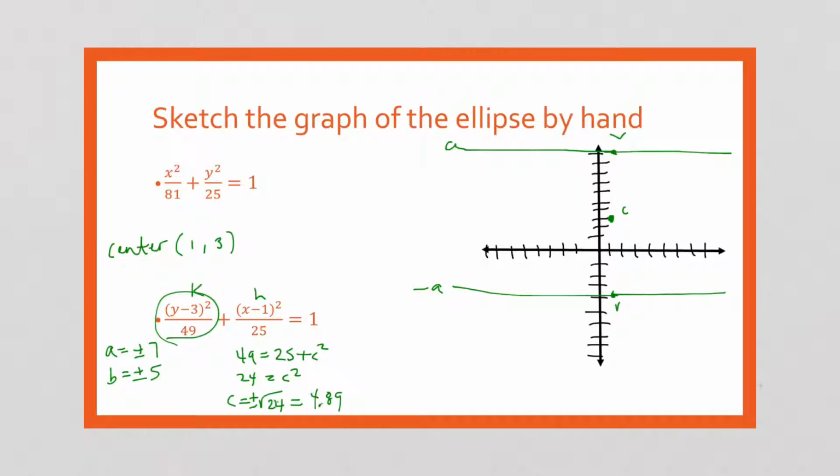Then I also need to find my foci, which is plus or minus just about 5. So this is an F. And go down 5. Or a little bit less than 5. And that's my second focus. Now I need to plot my B. B is plus or minus 5, and this is my semi-minor axis, so it's going left and right.